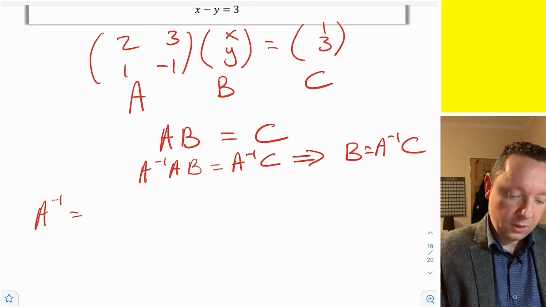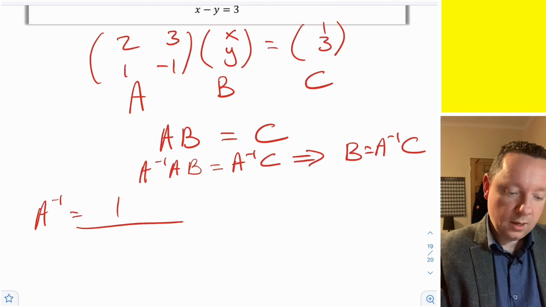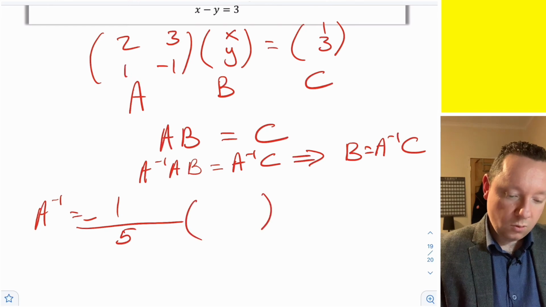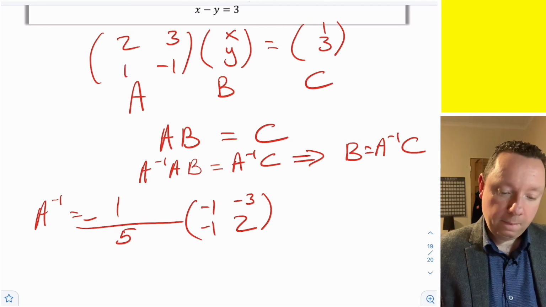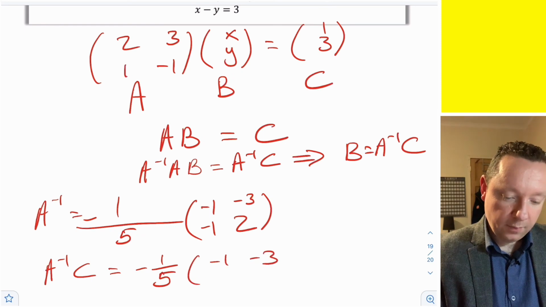Inverse of A, remember, is 1 over the determinant. So I've got minus 2, take away 3, which is minus 5, so minus a fifth. Swap these elements, put a minus on the rest. So A inverse C equals minus a fifth, minus 1, minus 3, minus 1, 2 times 1, 3.